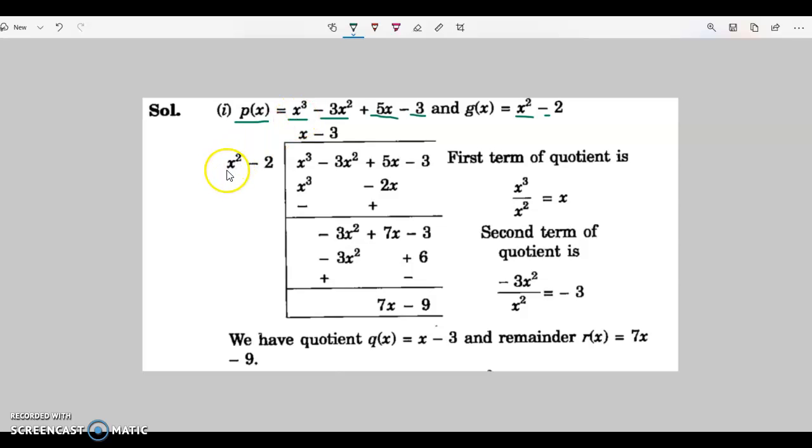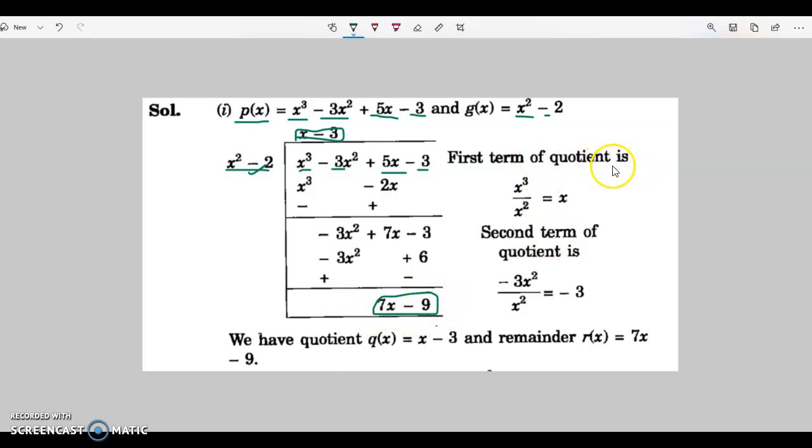Now I am taking x square minus 2 outside and x cube minus 3x square plus 5x minus 3 inside. So this is the dividend and this is the divisor. By division, I get x minus 3 as the quotient and 7x minus 9 as the remainder.